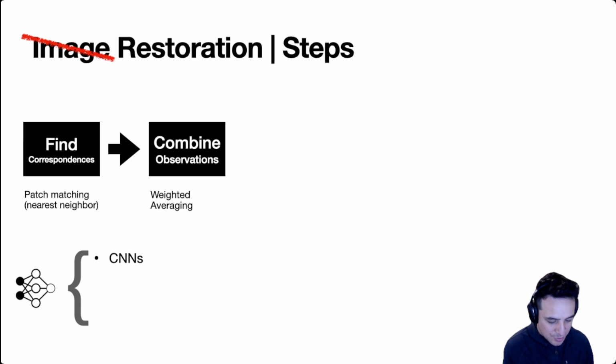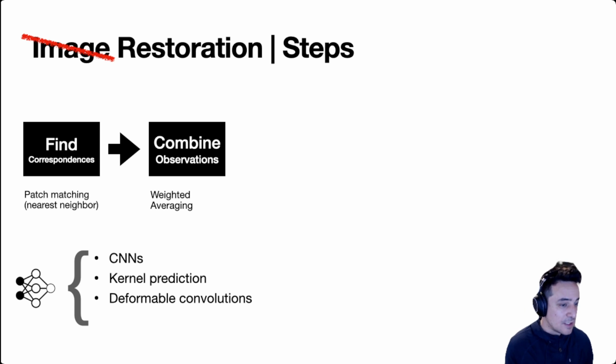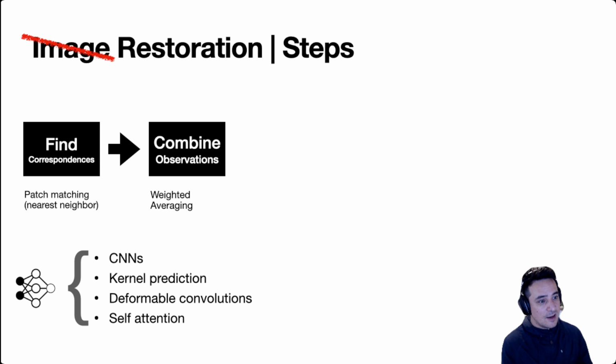And this is because if you train end-to-end a neural network to do a task like denoising, we found that by adding inductive biases, which explicitly find correspondences and then combine them together, we could generally get better results. So these are solutions like kernel prediction, where you predict the weights of a kernel over a region, deformable convolutions, which does something similar, and even self-attention, I argue, is essentially a way to find and combine correspondences.